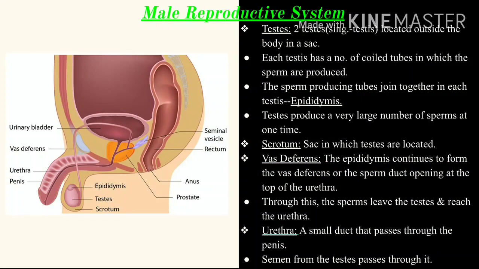Male reproductive system. There is given the location of various parts of the male reproductive system. Just see, sperms, the male sex cells, are produced in large numbers in the testes.